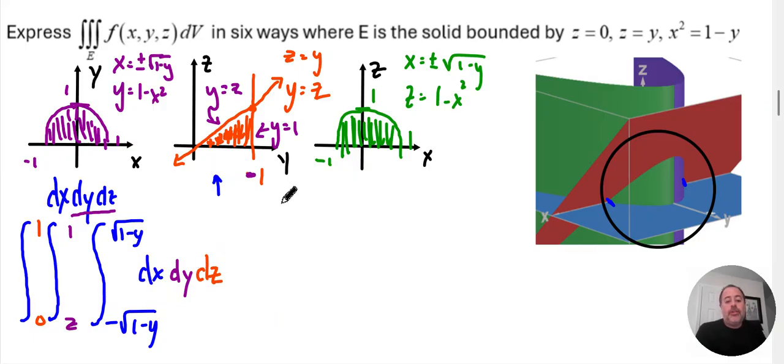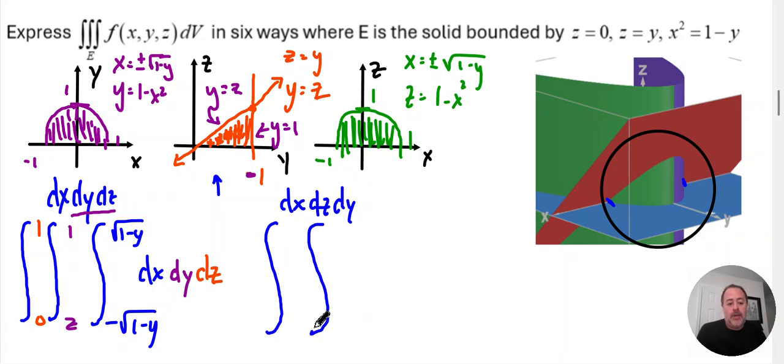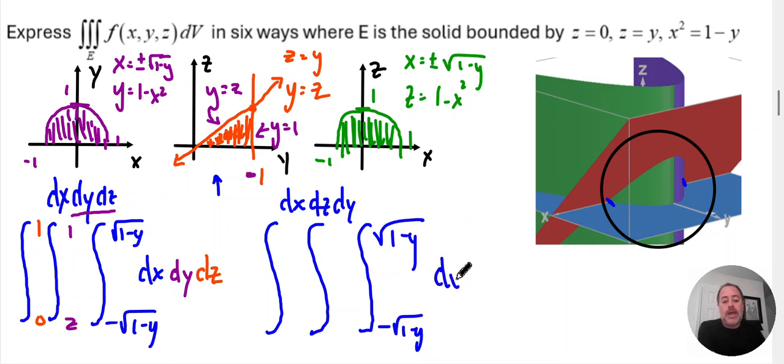So let's do the exact same thing here, where we're now just changing the order to dz and dy, which doesn't change things all too much. The first thing I want you guys to notice is that the first one is still locked, right? So we still have our square root of 1 minus y and our negative square root of 1 minus y as our bounds for dx.